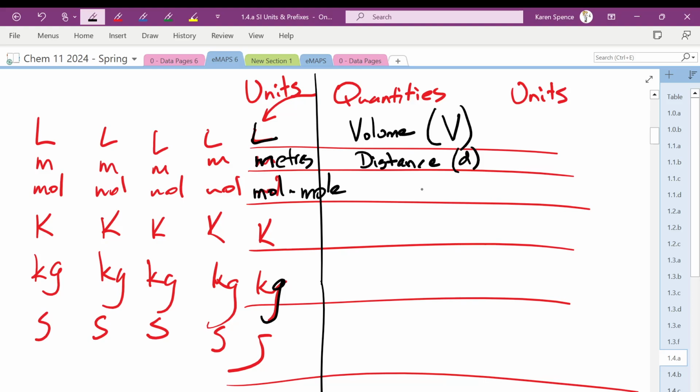N. Yes, we are measuring N, lowercase n. And your name is? Kian. Good stuff. So we are measuring N. And what does N stand for? Amount of matter. And your name is? Jian. Okay. Amount of matter.